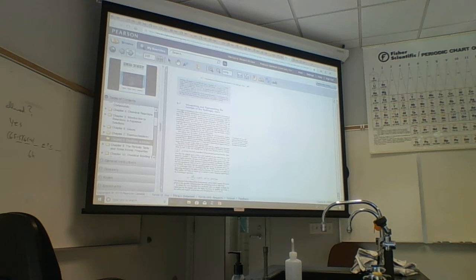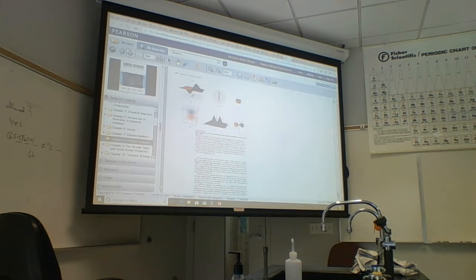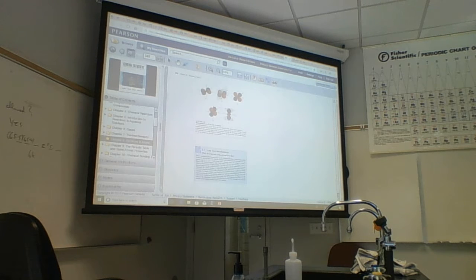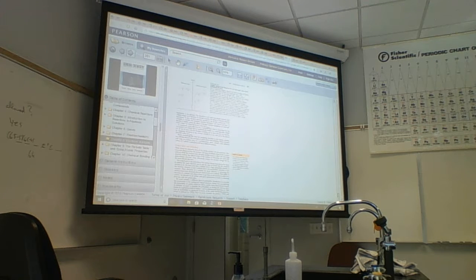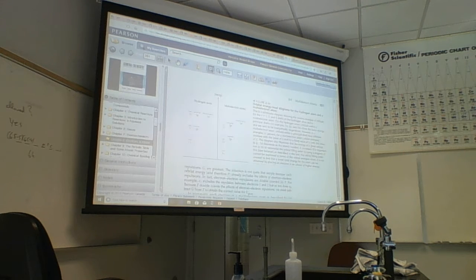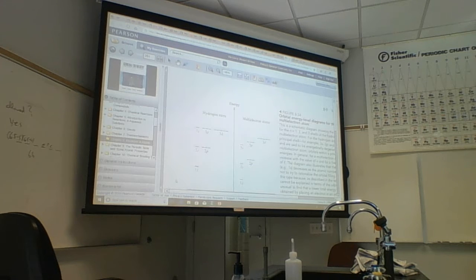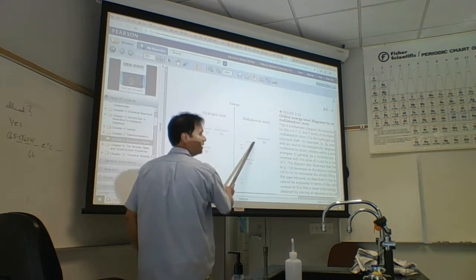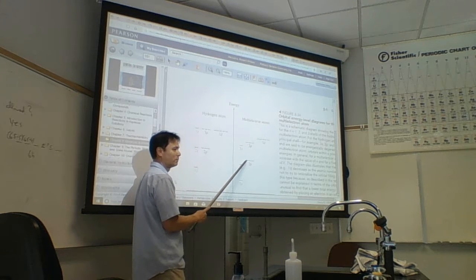So we'll take a look at it. These are shapes of orbitals. So do you see this diagram on the right? You need to know this.